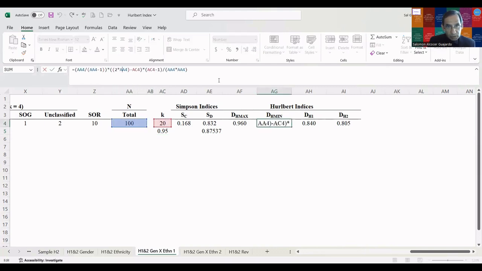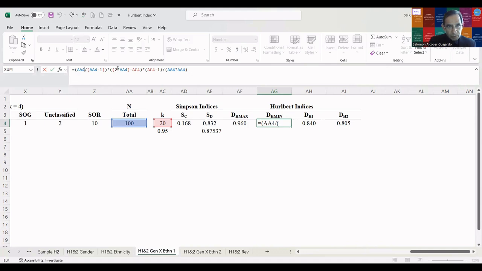The minimum score becomes more complex again because of the formula. For the first part of the formula, it's going to be, again, total number of individuals divided by total number of individuals minus 1. So in this case, it's going to be 100 divided by 100 minus 1, or AA4 divided by AA4 minus 1. And I'm going to multiply that by the product of the number of individuals in the group times k minus 1.